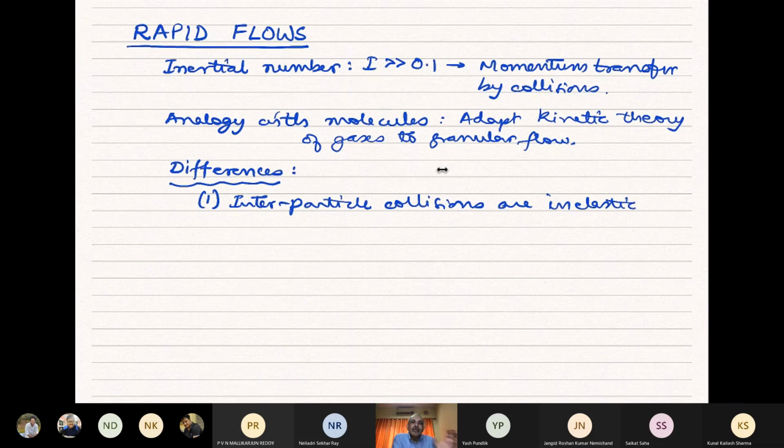So you just imagine these two situations. You take a bottle full of marbles and you shake it up. Then when you shake it, the particles get some energy. But because that energy is so quickly dissipated by collisions, if you shake these marbles and you put the bottle down, everything will settle and it will be at rest.